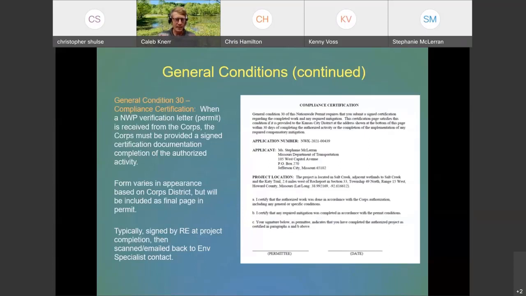When that's signed, it's sent, scanned, or emailed back to the environmental specialist, and then we forward that on to the Corps. I think there have been instances where the RE will just send it to the regulator that issued the permit, but we like to document those with the project as well, so we know when the project is finished.